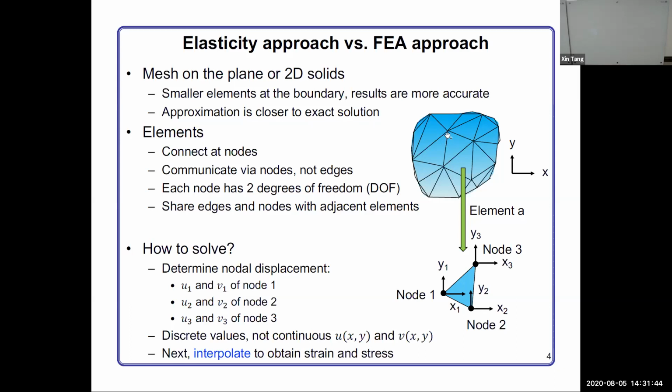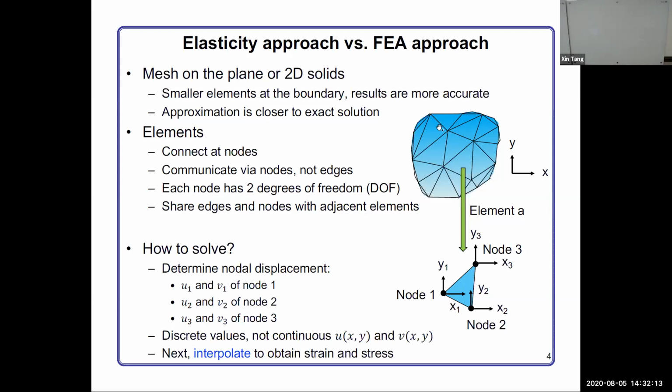And those elements share both node and edge, right? Like this element and this element, they share one edge and two nodes. But only these nodes contain the displacement information. And the elements communicate with each other through the nodes, not through this edge.